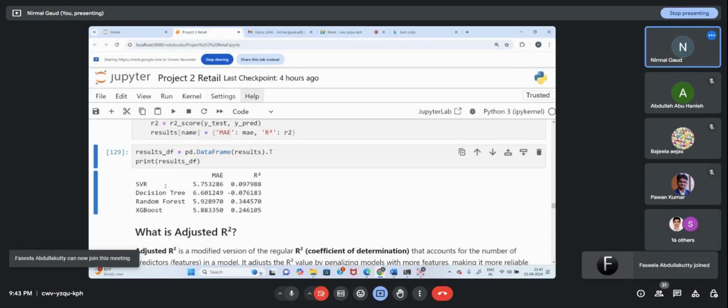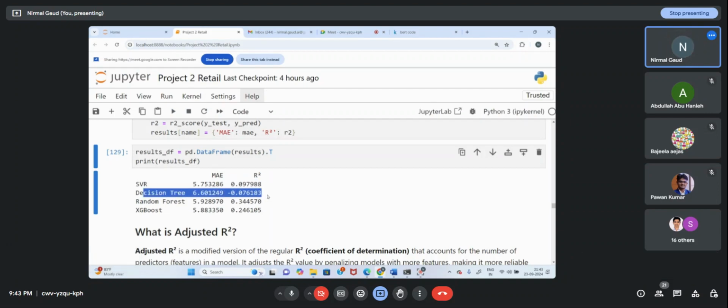That means in SVR only 9% of the variance is explained. Decision tree actually failed, negative R2, it failed to explain the variance. Random forest and XGBoost explained good variance, that is 34 and 24% of the variance explained.